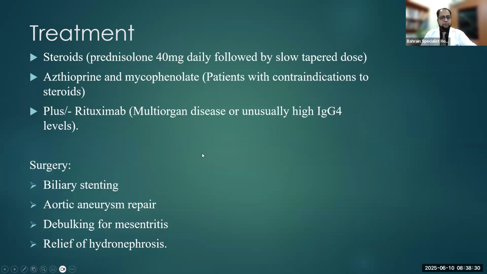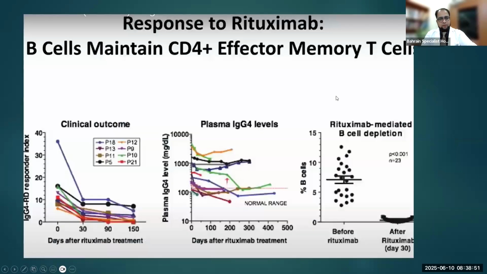If the patient is not responding to steroid and there is multi-organ disease and markedly raised IgG4 levels, then we can go ahead with adding rituximab. Surgery is indicated just for debulking in mesenteritis, and when there is a need for aortic aneurysm repair, biliary stenting, and relief of hydronephrosis.